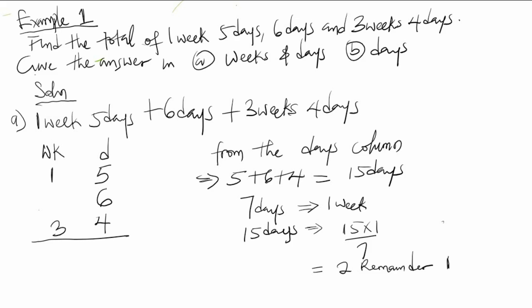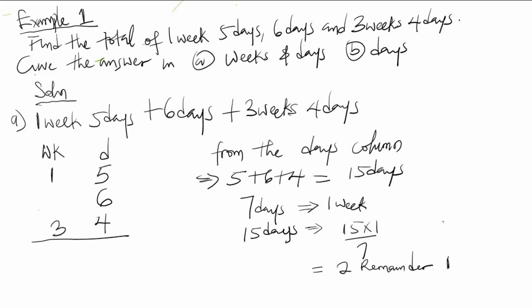Whenever you are doing a conversion and you have the conversion rate, all you have to do is make sure the known is at the left hand side and the unknown is at the right hand side. From this example, the known is 15 days and the unknown is the weeks we are trying to find out. We are trying to find out how many weeks we can get from 15 days.